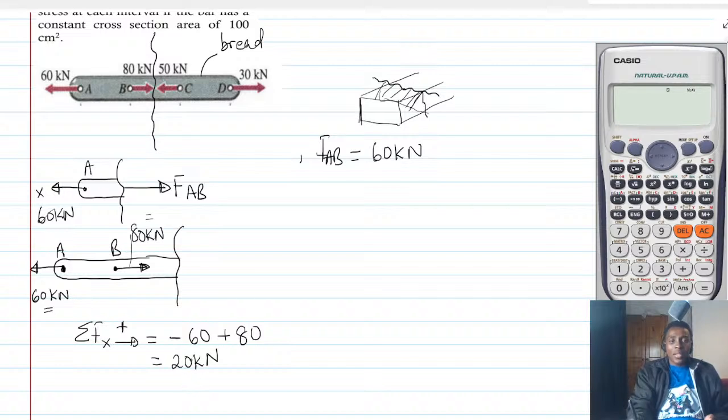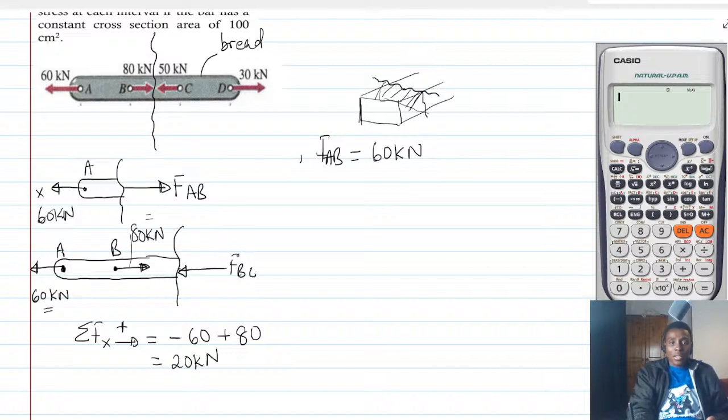Is that right? So what this means is that the summation of all of the forces acting on this body right now is 20. So for this body to be in equilibrium, I need to attach an internal force. And that internal force will be in a direction so as to bring equilibrium. So that is going to be a force which will act in this direction.